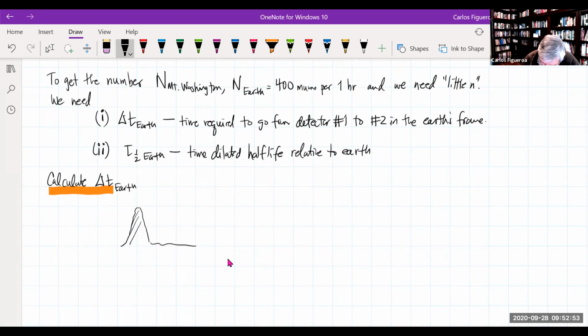So when I look at my detectors, here's number 1, here's number 2, we know that the distance in the Earth's frame was 1830 meters, right? That's in the Earth's frame. In the Earth's frame, we know that the muons have a relative velocity. Maybe I should write this as beta.